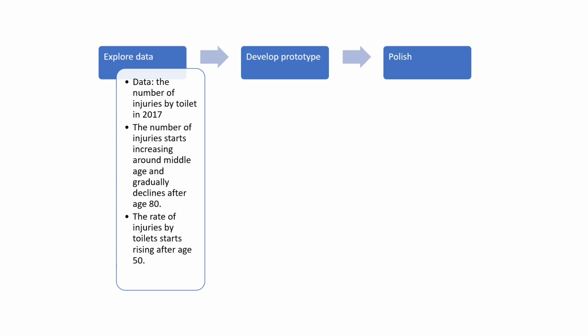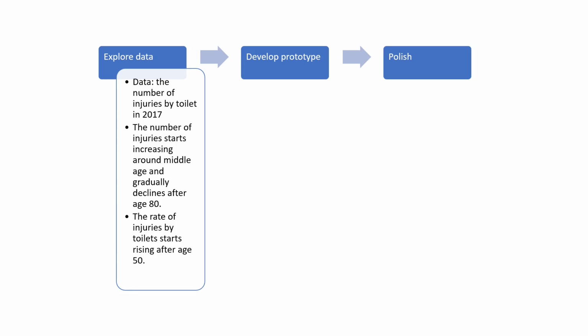But then after around the age of 80, the count of injuries starts declining, right? That seems a little odd because you would think that people who are 80 years old or older are more prone to injuries.